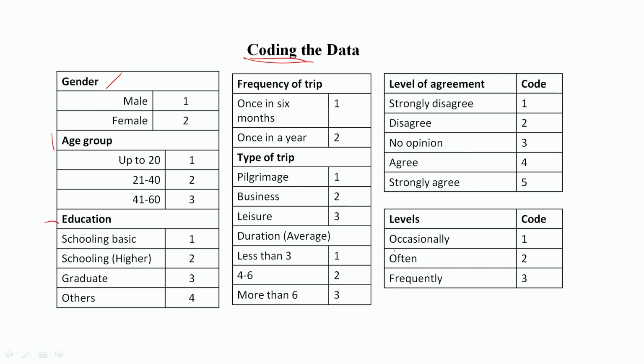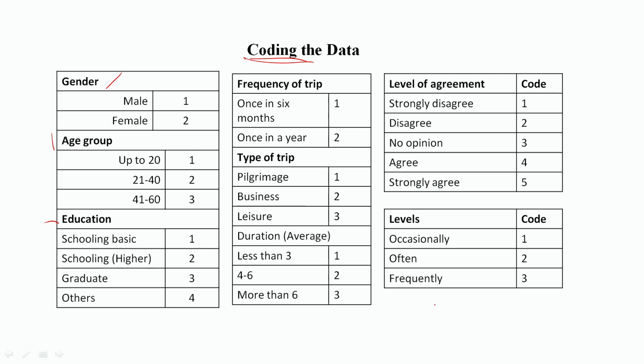These are the number codes which you can enter in an Excel sheet or SPSS software. So instead of writing male, or when you find the Google Form which indicates male, you can convert it to a number so that the analysis process will become easy. So coding the data, whether it is a categorical variable, nominal or ordinal variable, is important.